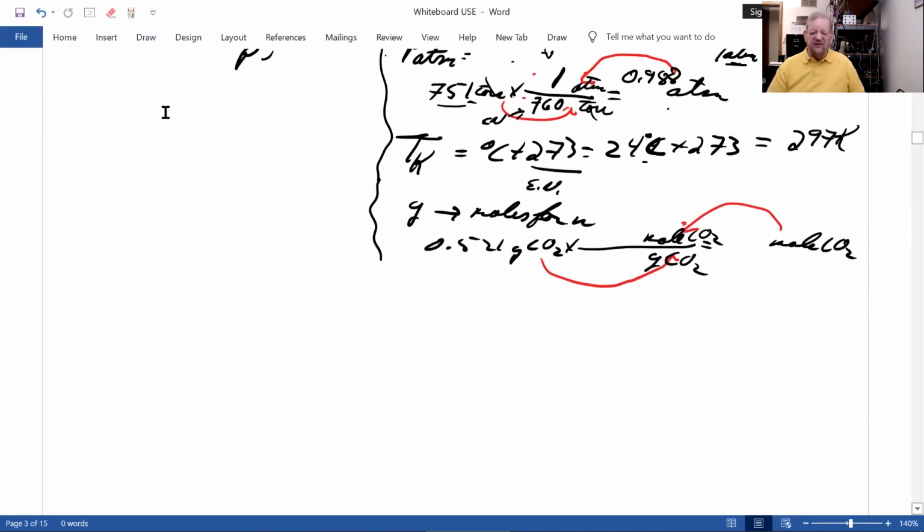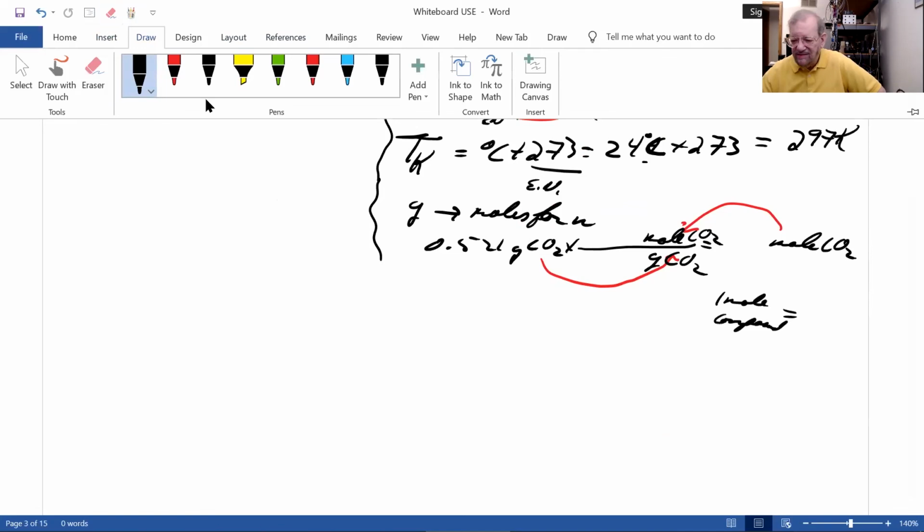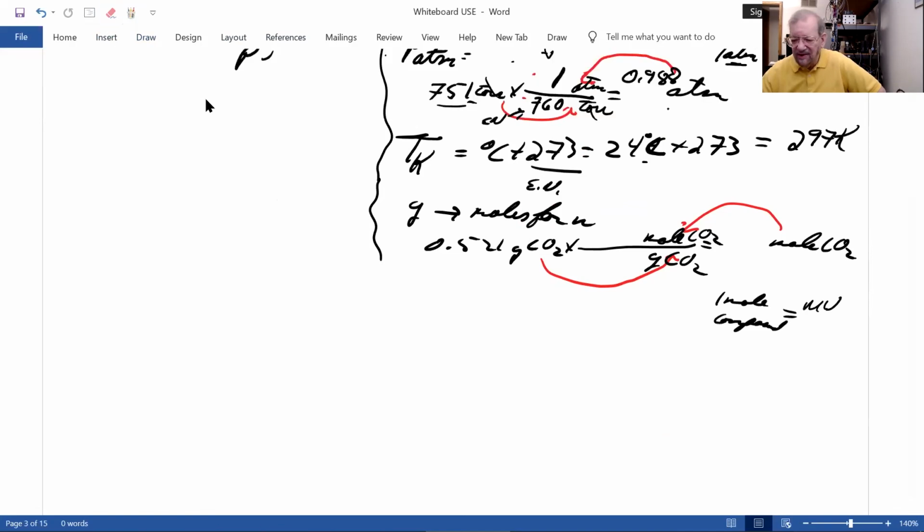And where do I get this? On test number 2 and also test number 3, 1 mole of a compound equals the molecular weight in grams of the compound.